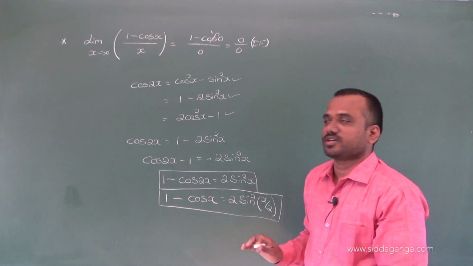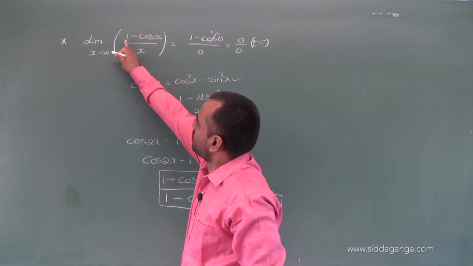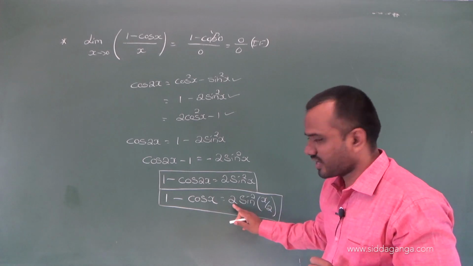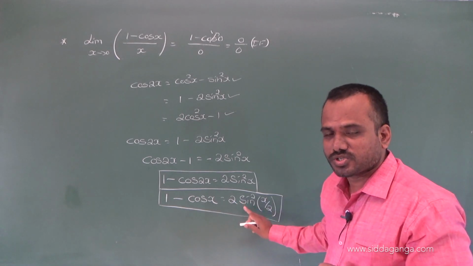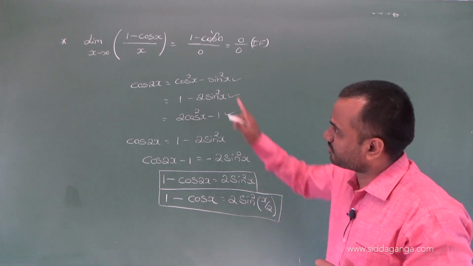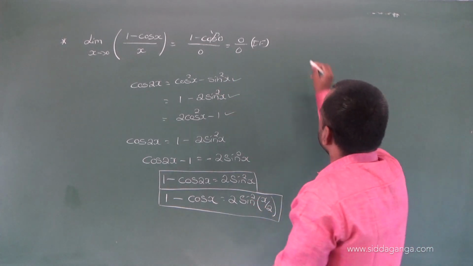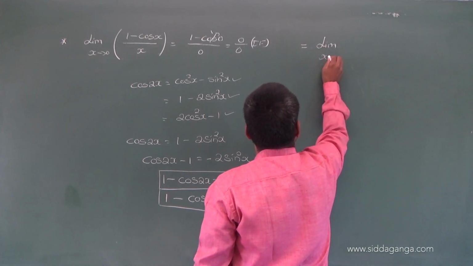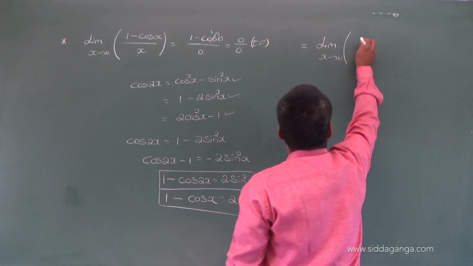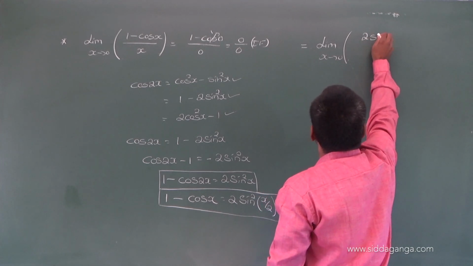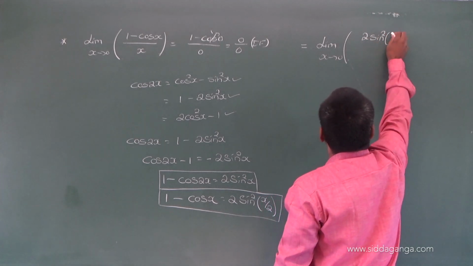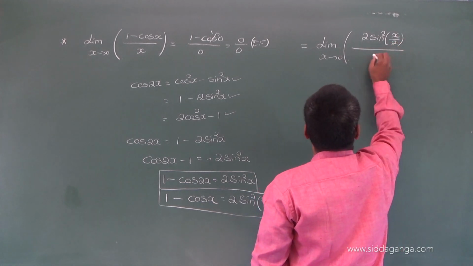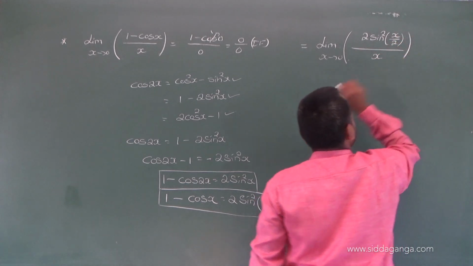Why do we write this, sir? In place of 1 minus cos x, I write 2 sin square x by 2. That is equal to limit x tends to 0 of 2 sin square x by 2, whole divided by x. This is the first step.